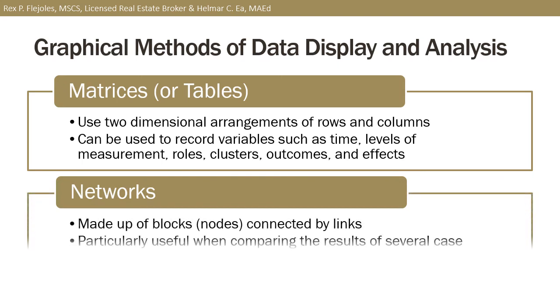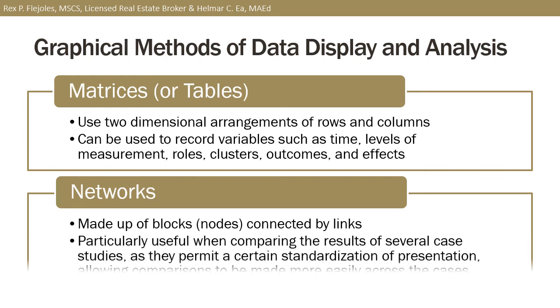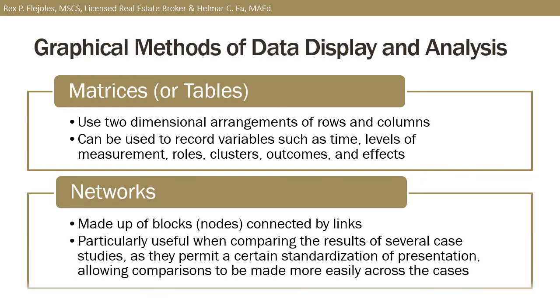While networks are made up of blocks, referred to as nodes, connected by links. They are particularly useful when comparing the results of several case studies, as they permit a certain standardization of presentation, allowing comparisons to be made more easily across the cases.